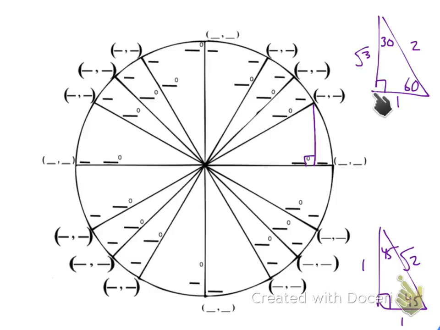Every single one of these places is made up of one of those. But the problem is, this is where 1 is, but 1 is actually supposed to be here, because this is 30 degrees. So if I'm supposed to have a 1 at the hypotenuse, aka the radius, I have to divide it by 2.